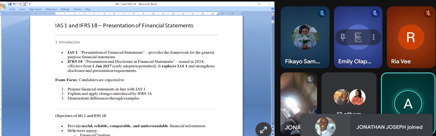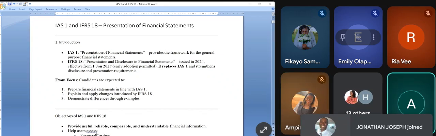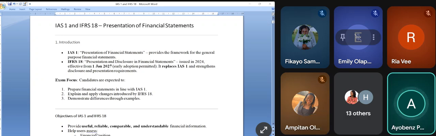It was crafted and issued in the year 2024, but it's expedient that accountants the world over who adopted IFRS should be able to get themselves familiar with the tenets and every detail in that IFRS 18.